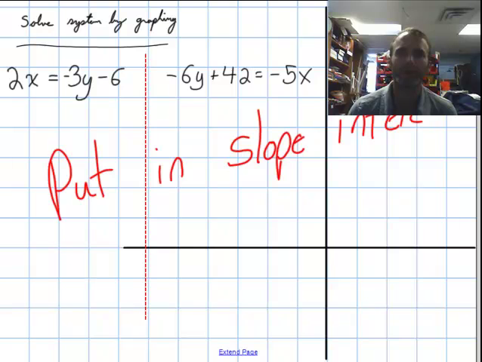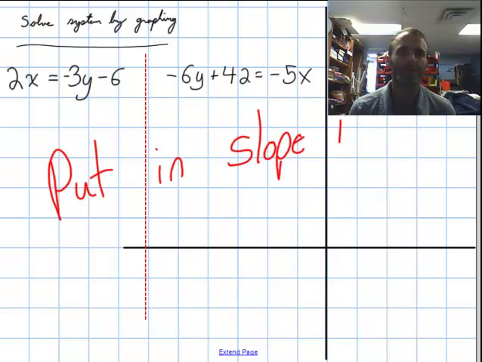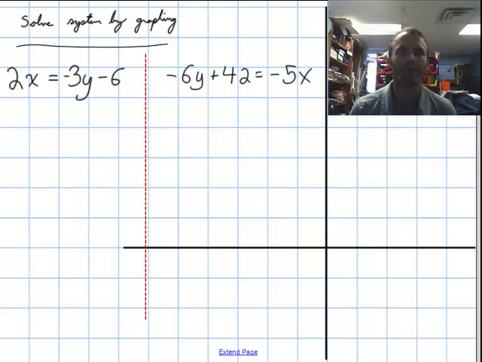And remember, you guys know slope-intercept form as y is equal to mx plus b form. So let's do that before we move on for both of these equations.